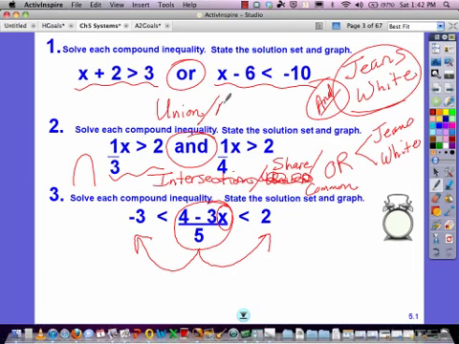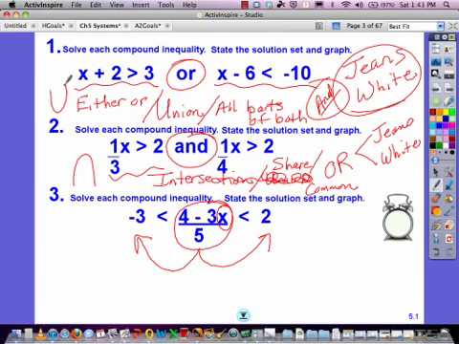So union, all parts of both sets. Either or, some people like to say. And the union symbol in geometry was that upside or right side up U, it's without its tail.